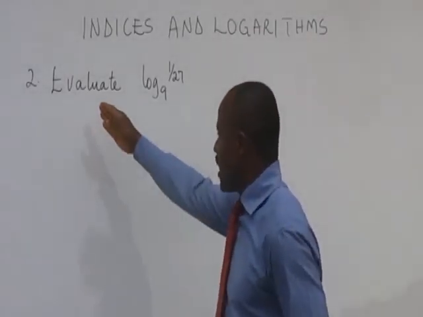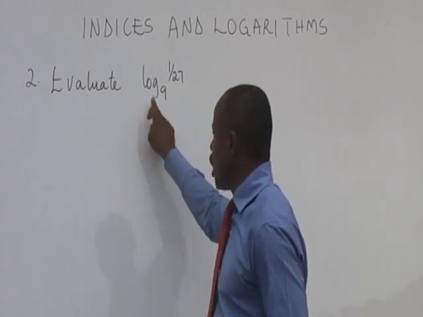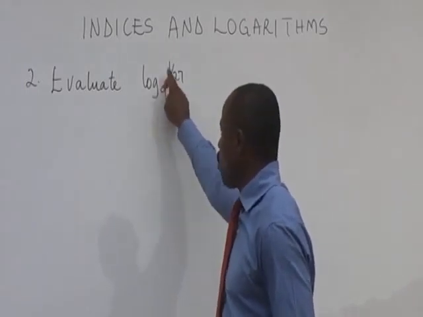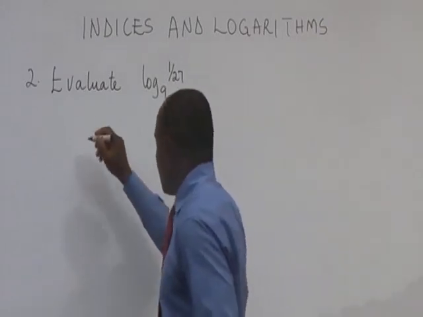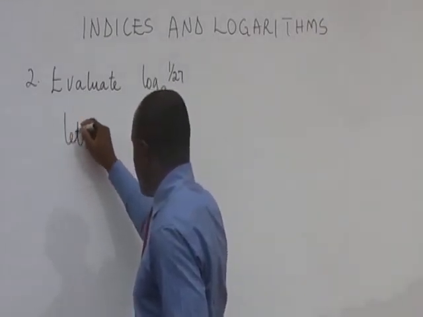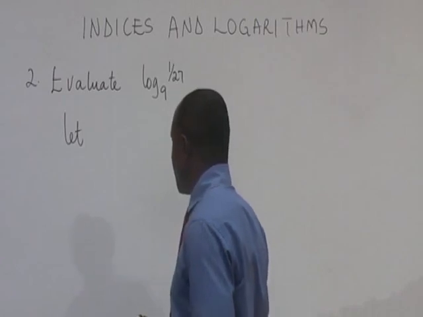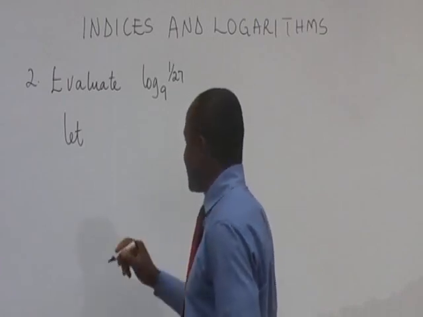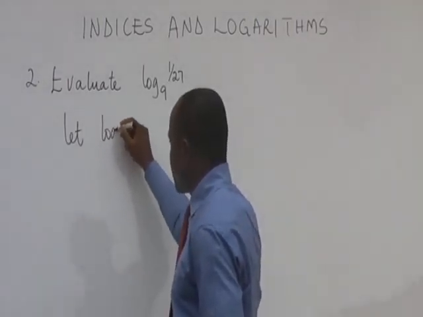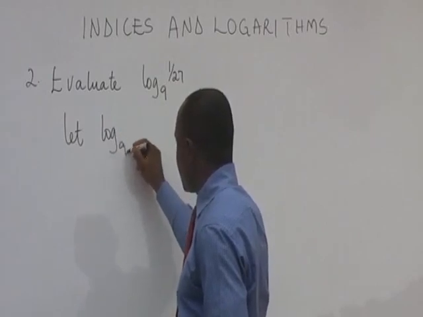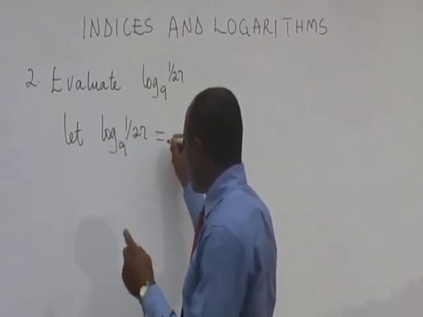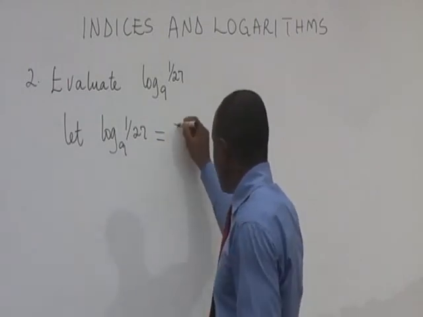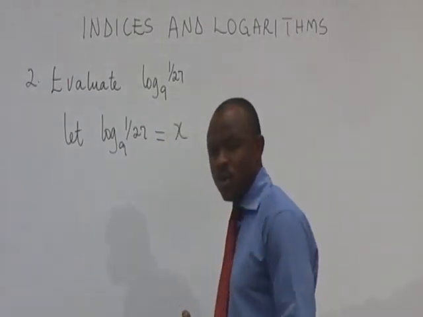Question number 2 says we should evaluate log to base 9 of 1 all over 27. The same process, you have to start by saying let the expression log to base 9 of 1 all over 27 be represented by any letter. I told you I love x.